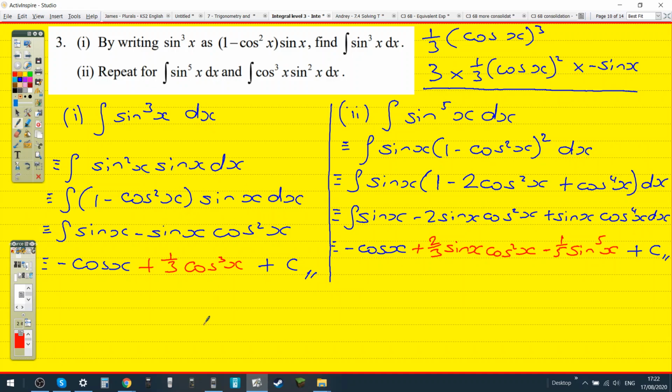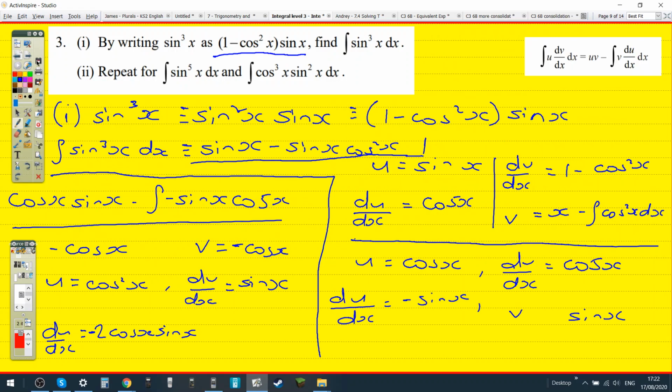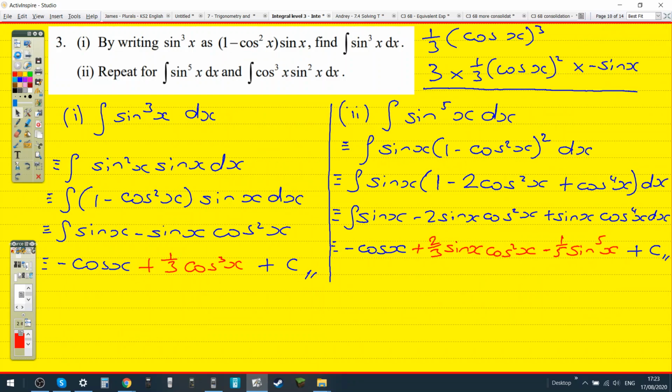Yeah, but how would you know that without the answer? Exactly. That's tricky. Okay, and the other one, plus 1/3. So what was that one? Sine x. Lost it. Minus cos x.